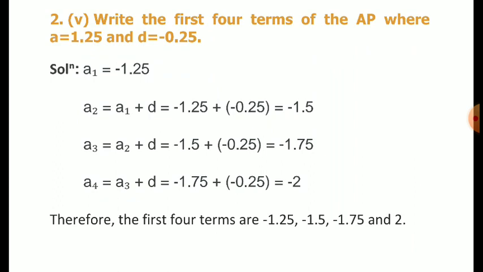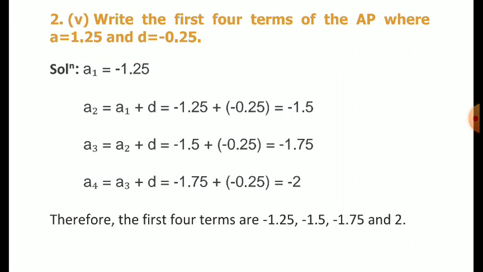The question is: write the first four terms of the AP where a is 1.25 and the common difference d is equal to minus 0.25. From this, we need to find the first four terms of the AP, arithmetic progression. So let us come to the solution.